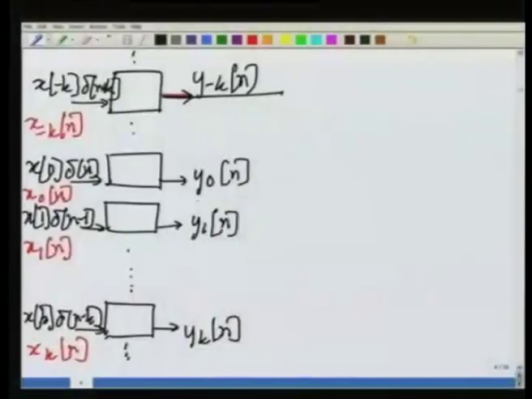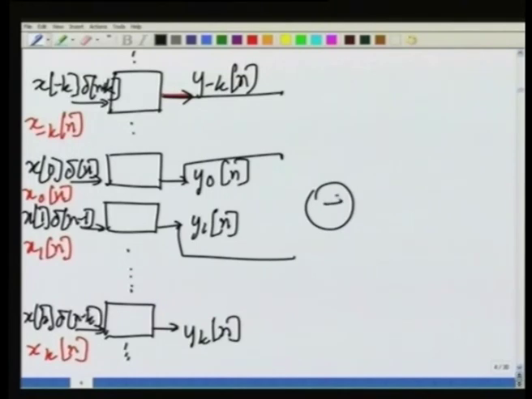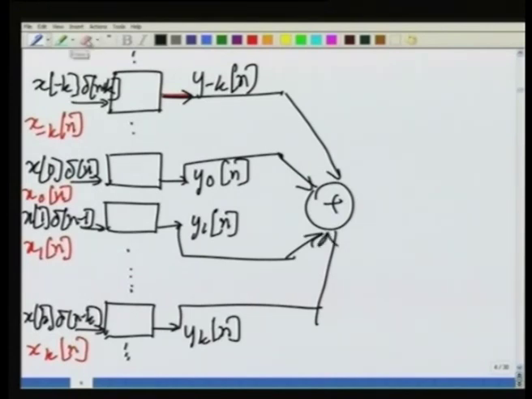By the additivity property, I can do the following. I can take each of these outputs and add them all up. And when I add all these up, I get a signal which should be the same that I would have got if I had just one copy of the system and had applied x n to it.